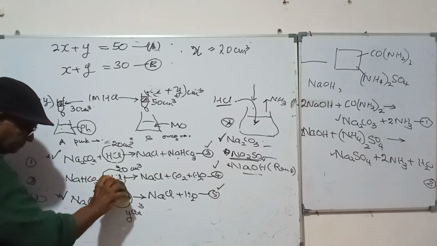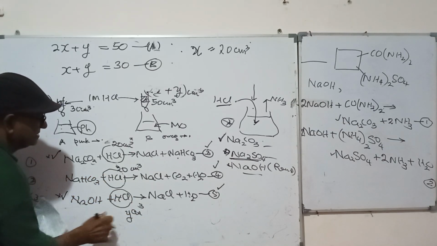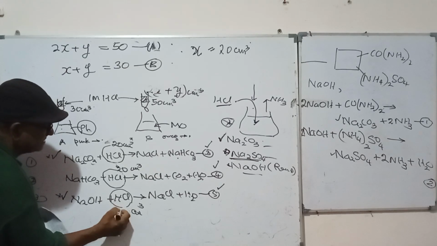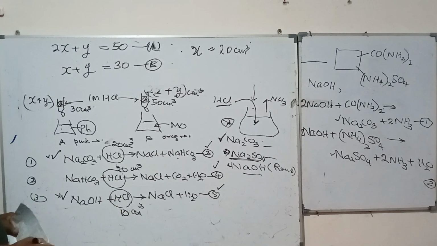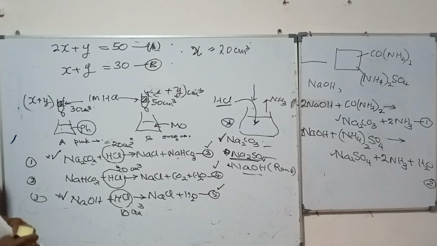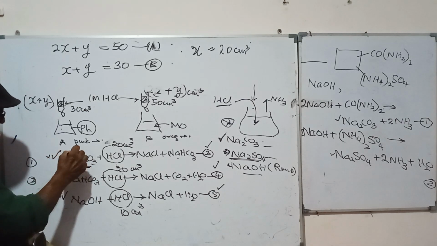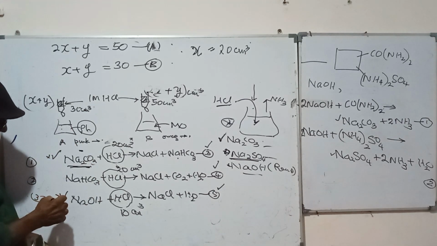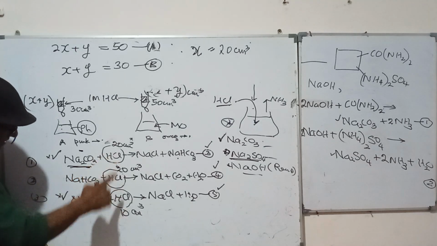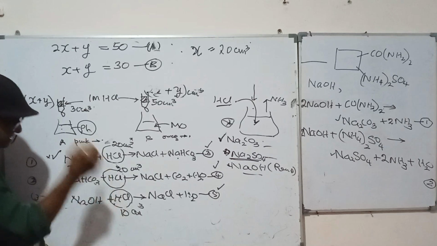For the final reaction, after the third reaction, 10. So we can calculate the number of moles of sodium carbonate using this equation, and the number of moles of sodium hydroxide reacted with HCl using this reaction.